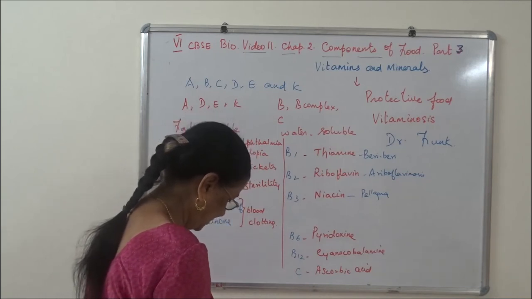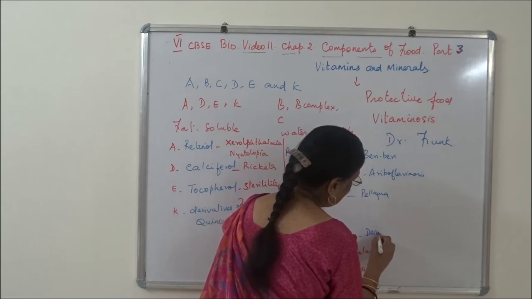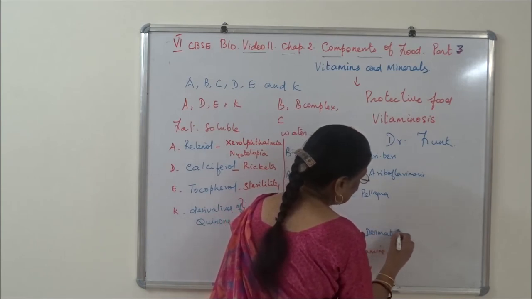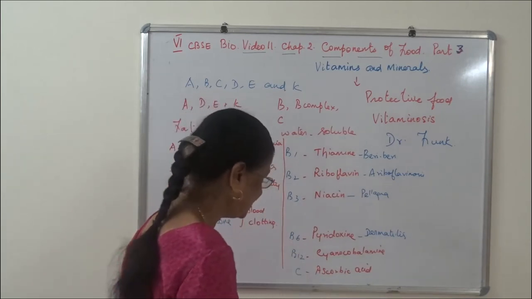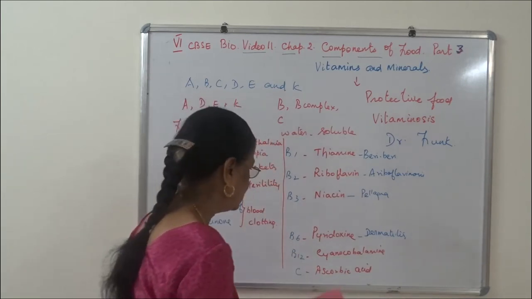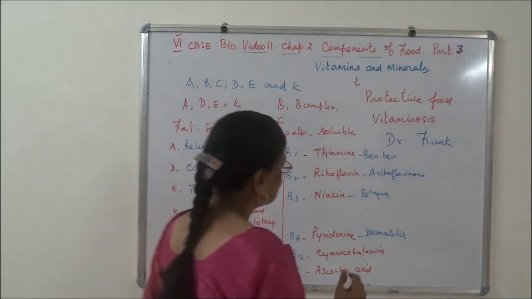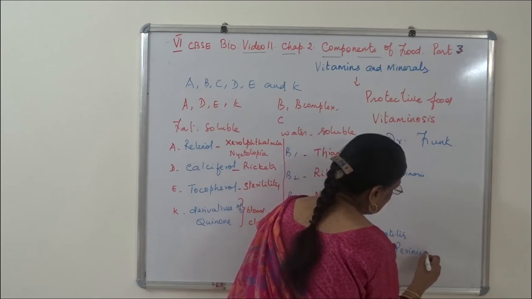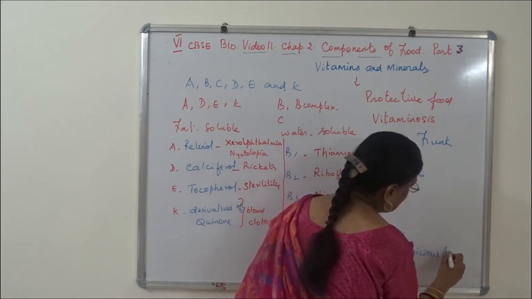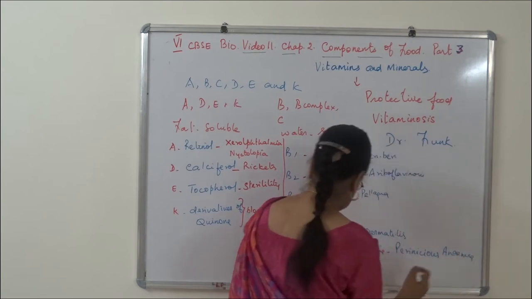And then pyridoxine causes dermatitis. Dermatitis is a skin disease. And cyanocobalamin causes anemia, it is called pernicious anemia.